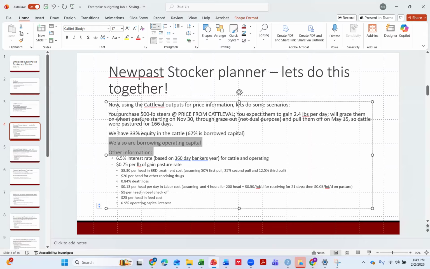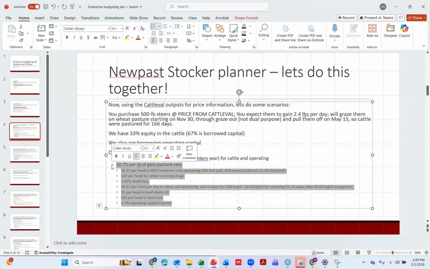Okay. We also borrowed all the operating capital. All right. So just for the scenario, we have a 6.5% interest rate. We're getting charged to lease the pasture based off of dollars per pound per day. And so the rate we're running with, I think it'd be pretty common to what you're seeing people charge today.